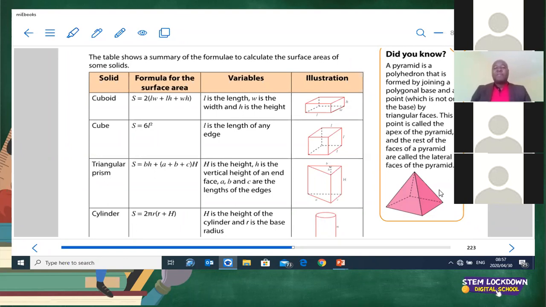Now, the L squared simply comes from the area of a square. And we said that the area of a square is length multiplied by length. And this is length squared, or L squared, L for length. Then we multiply that by 6 because there are 6 spaces in any cube.